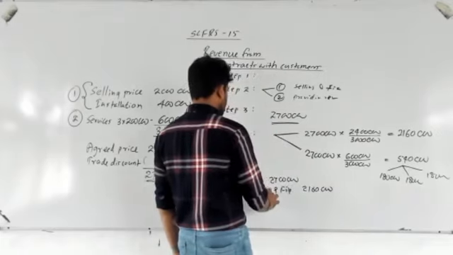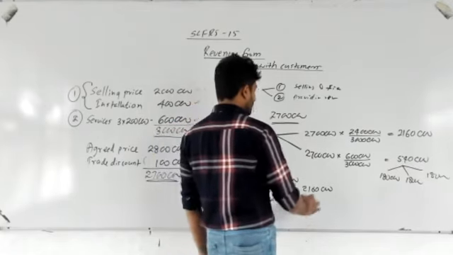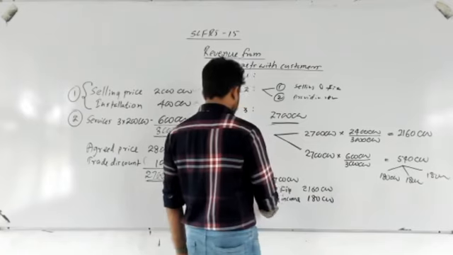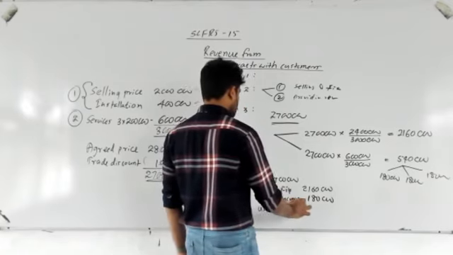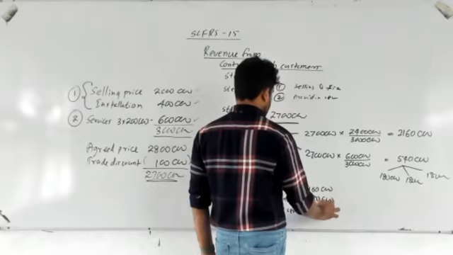From the service income, take 180,000. Unearned service income 360,000.